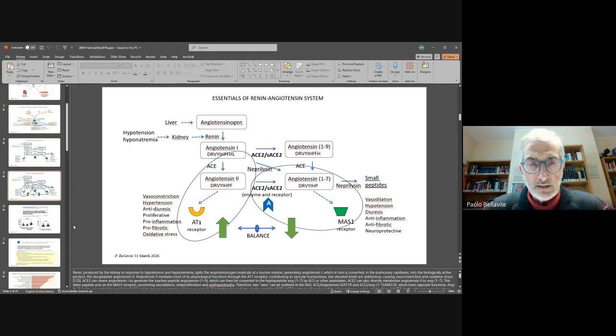ACE2 exists in a form bound to the membrane and also in a soluble form in serum. It's called sACE2. Both have enzymatic functions capable of cleaving angiotensin 2. The next one, please.